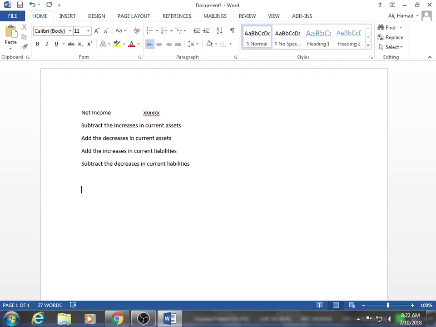And then number 3, issued 15,200 shares of $5 par value common stock for 175,000. Is that inflow or outflows? Inflows. For how much? 175,000.